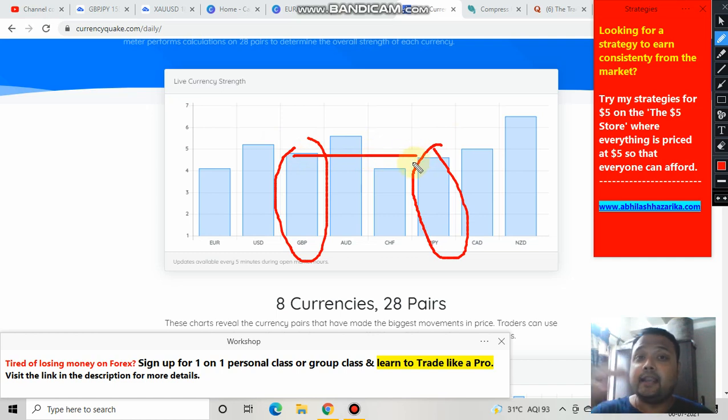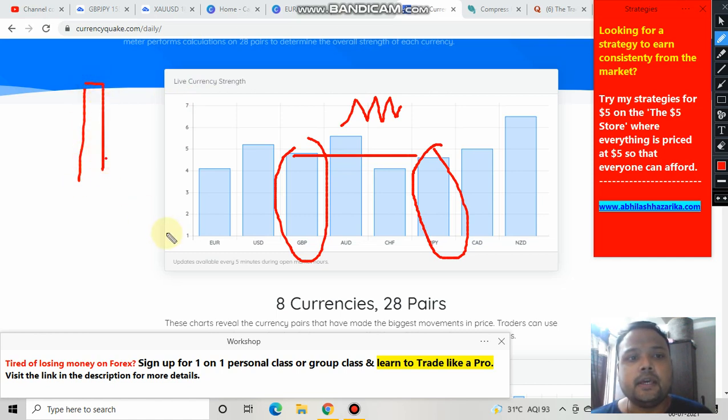Therefore, there is a possibility that you may not see some heavy moves here, because whenever we see two currencies of equal strength, the market remains sideways. For a trending market, we need a strong currency and we need a weak currency. But right now we can see that both currencies are of equal strength.